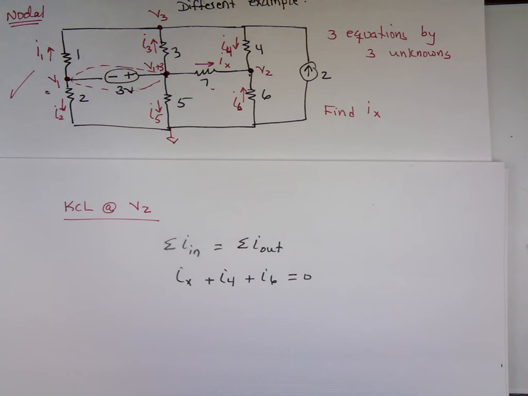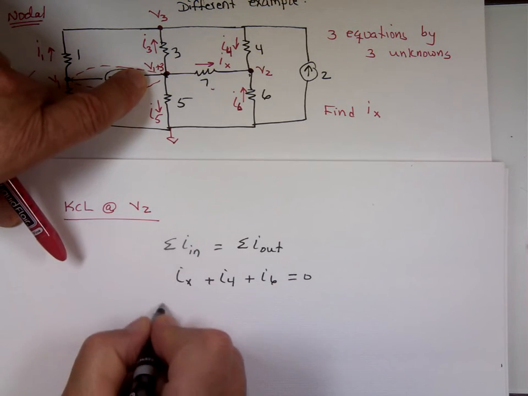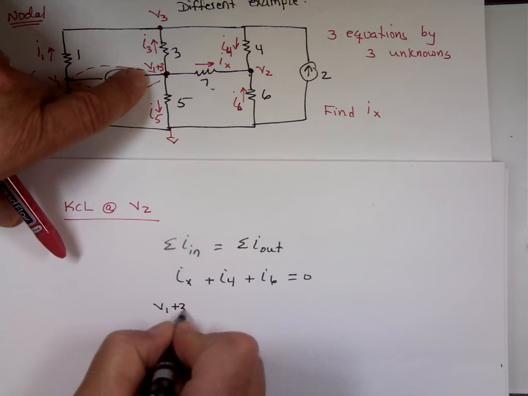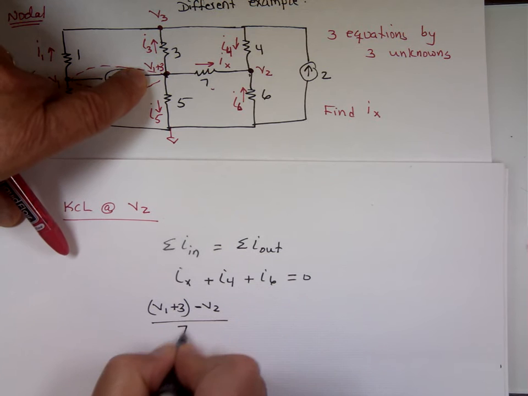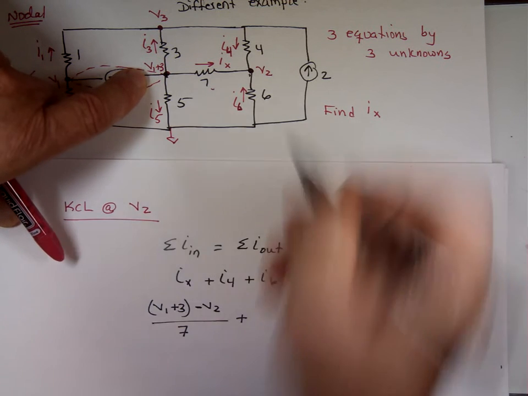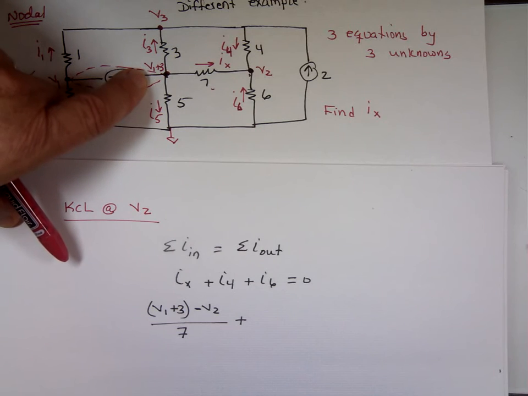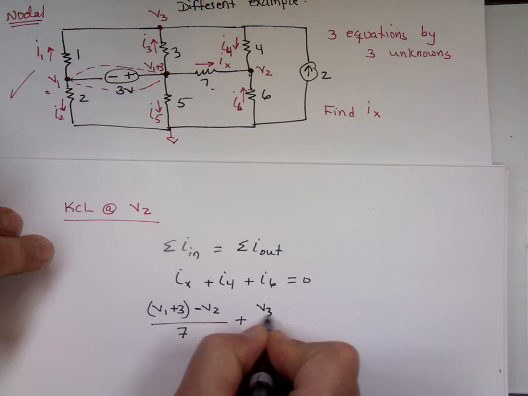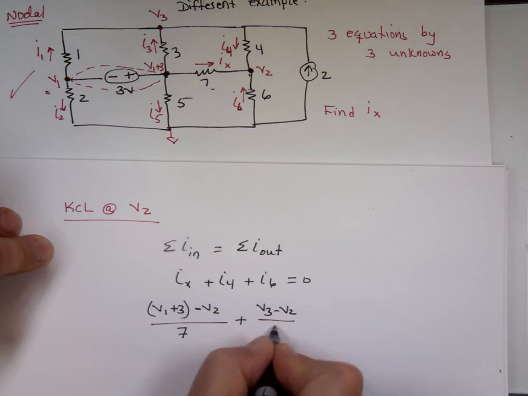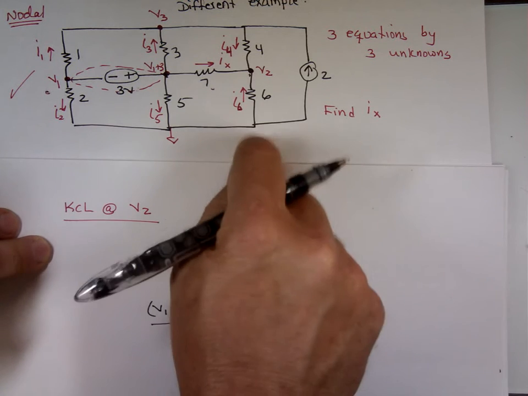Again, I sub x is this one minus that, so it's V1 plus 3 minus V2 divided by 7. I sub 4 is coming down, so it's the top minus the bottom. It's V3 minus V2 over 4. And I sub 6 is the current going up, so it's this minus that.